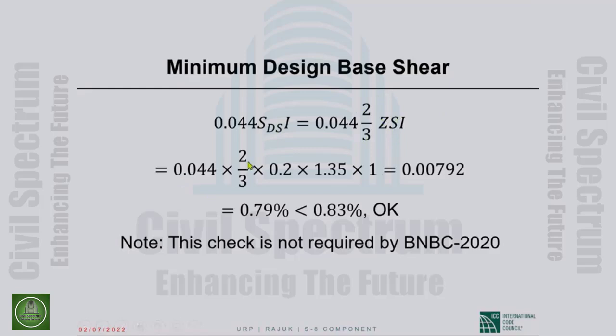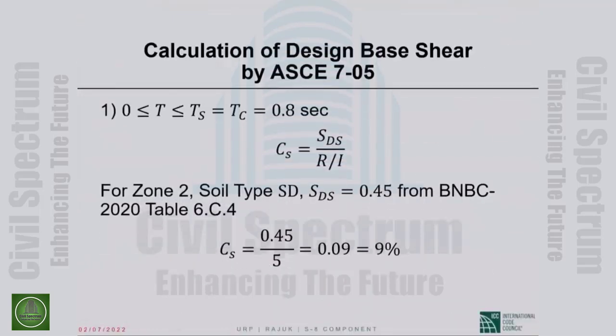The 0.044 times 2/3 times 0.2 times S of 1.35, here it is correct, times I of 1, that is 0.00792, which is 0.79%, which being less than 0.83%, that is okay. So we cannot go below 0.79%. Note this check is not required by BNBC 2020.